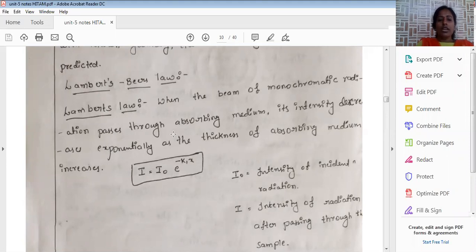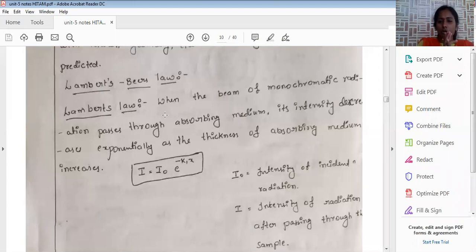Let us explain Lambert's law with a simple example. We take one compound and pass monochromatic light through it. Monochromatic light is light having a single beam, moving in one particular direction.